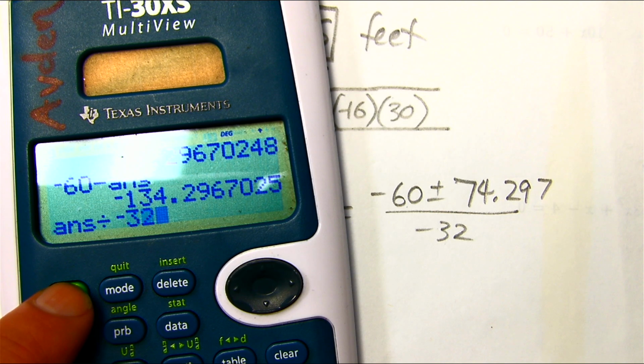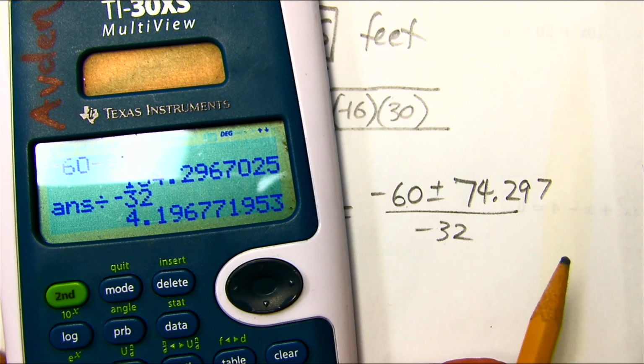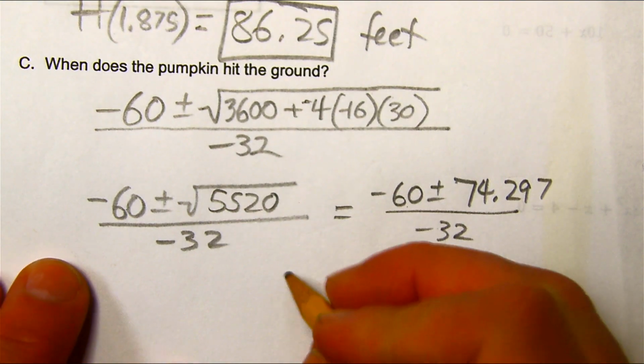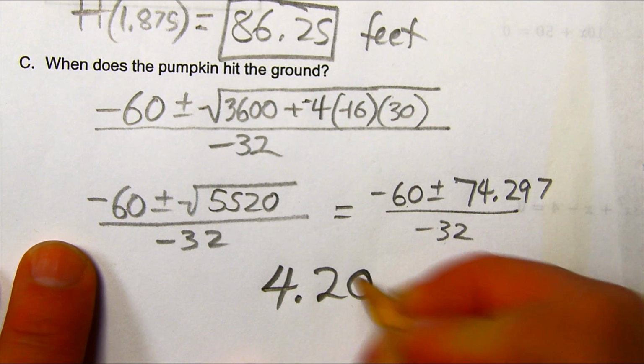Divide that by negative 32. 4.20 seconds. Technically, if we're rounding to hundredths, 4.20 seconds.